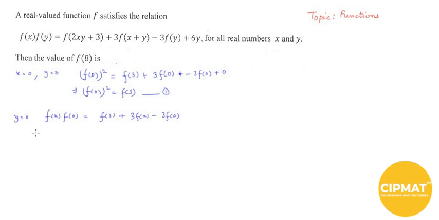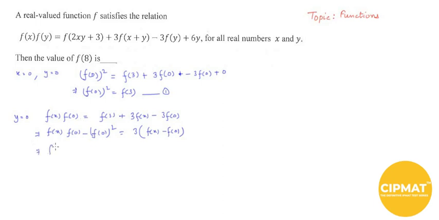So this can be written as f(x) into f(0). Now this f(3) can be replaced by f(0) squared, and I'm taking this to the left hand side, so I can write this as f(0) squared, and this can be written as 3 times f(x) minus f(0), right?